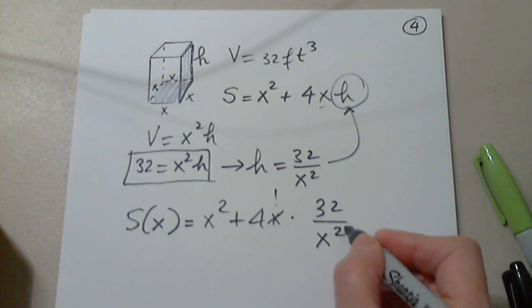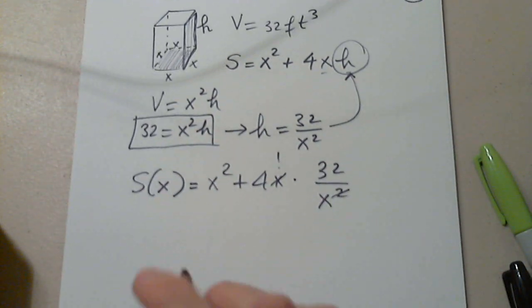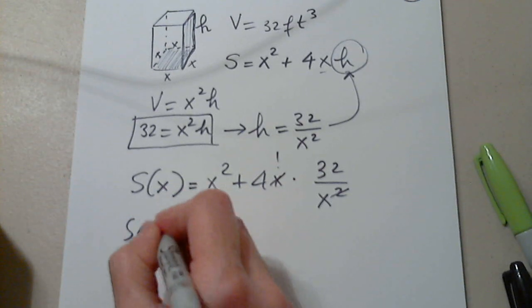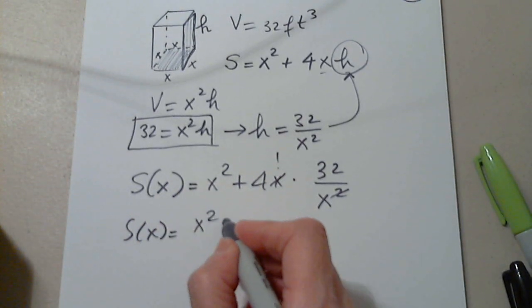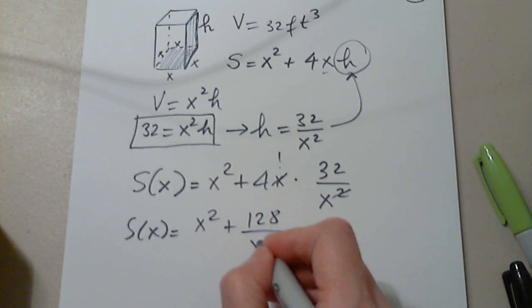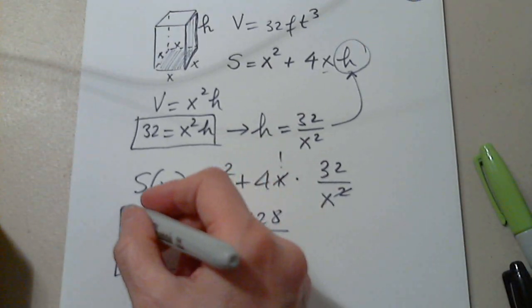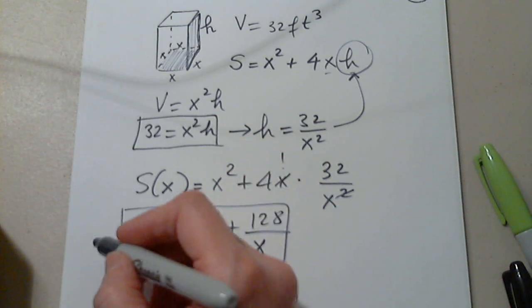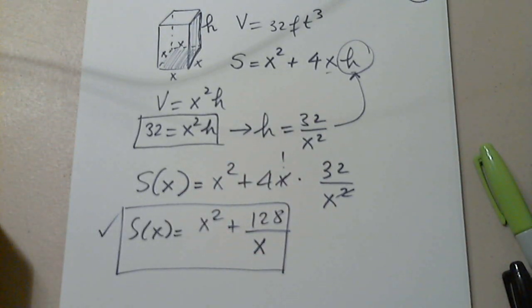Factors, I can simplify one of those, and then I get the final form of the surface area to be x squared plus 4 times 32 is 128 divided by x. All this effort was to define the surface area as a function of one variable and one variable alone.